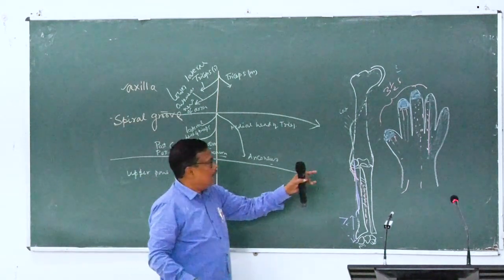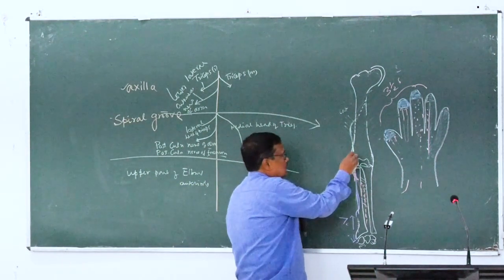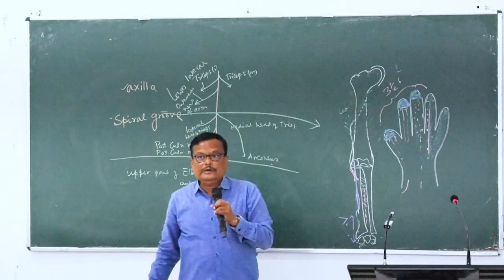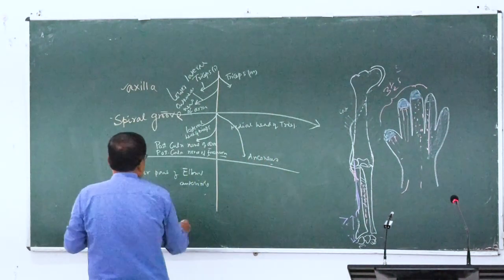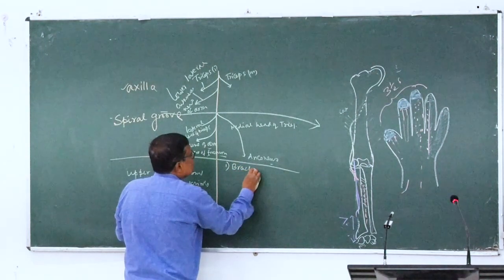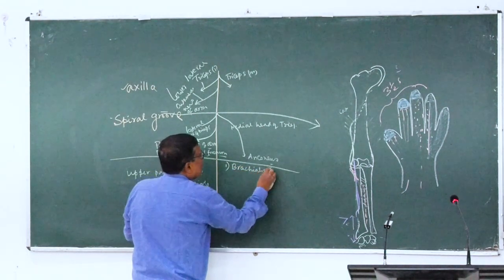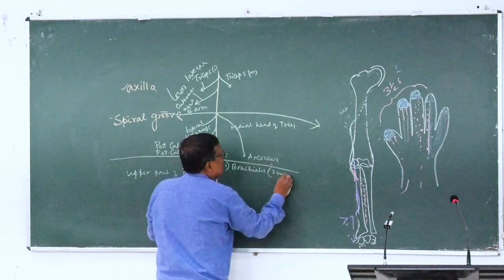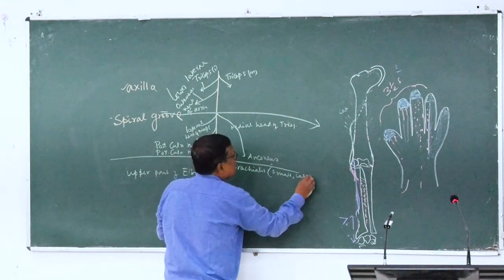It gives a branch to the brachialis, small lateral part.